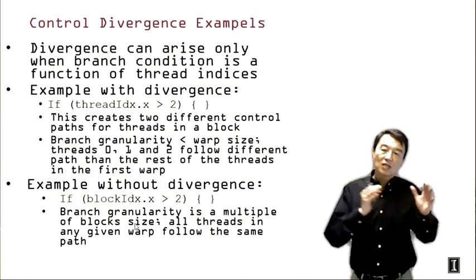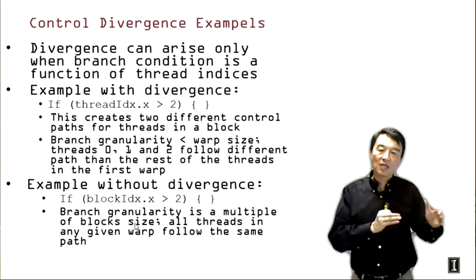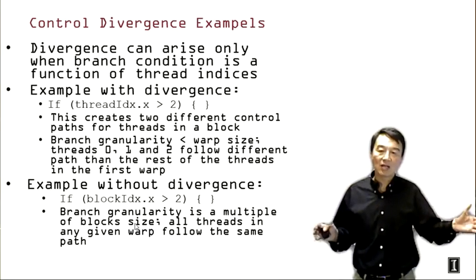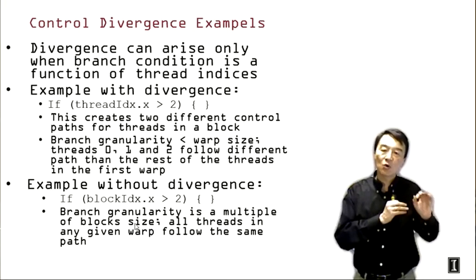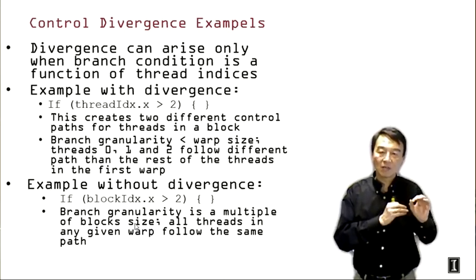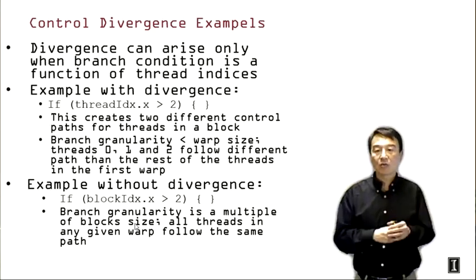However, for warps that are of higher thread index in the thread block, those warps will actually all be in the same group, and they will only take one path. And those warps will experience little or no performance loss due to this conditional branch.